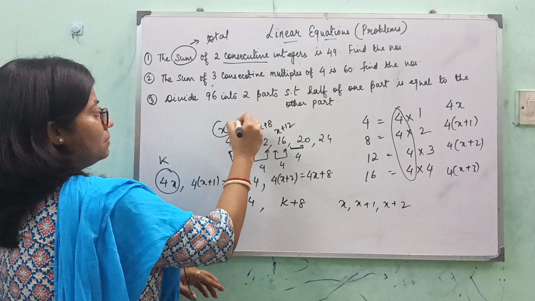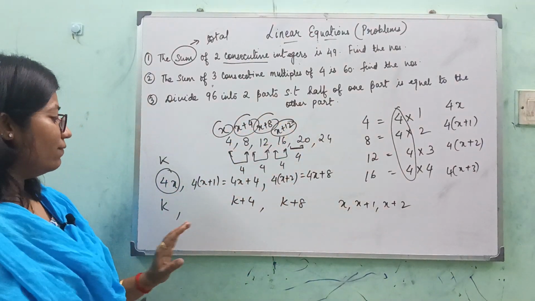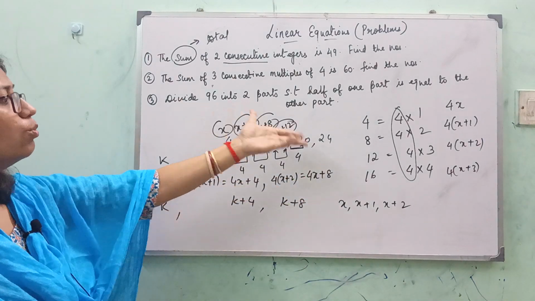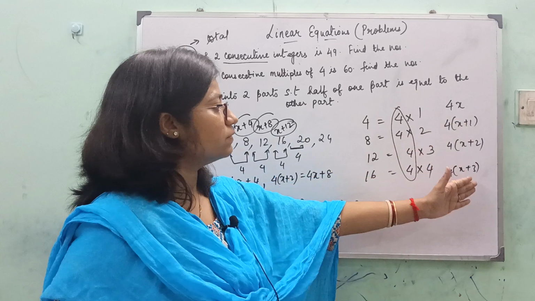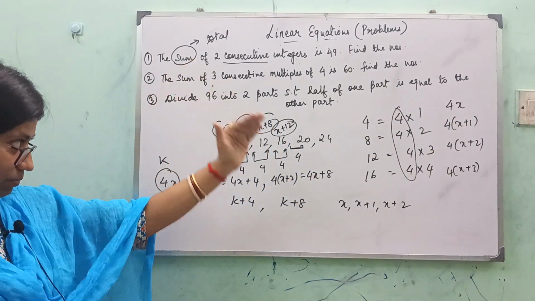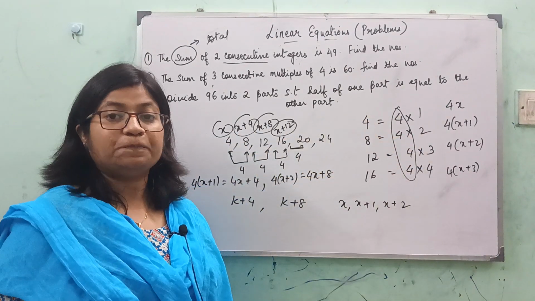See, x, x plus 4, x plus 8, x plus 12, or k, k plus 4, k plus 8, k plus 12, it goes on. So whichever way you want you can consider. Either consider it in this way or in this way. Ultimately, at the end of the problem you will get the same answer.